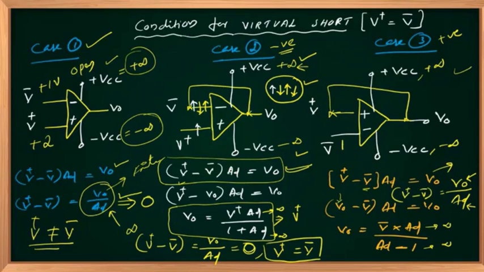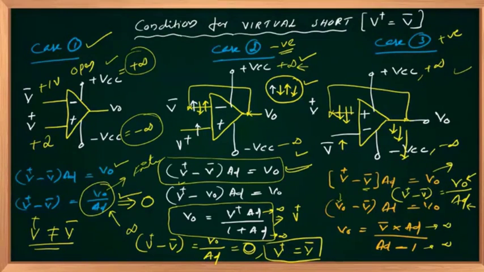Suppose V minus is going up. An increase in the negative input should decrease my output. That is obvious, right? And that decrease is coupled to the positive input. Please listen: output decreases, positive input also decreases. That will decrease my output further, and that further decrease is coupled to the positive input again, so the positive input further decreases, and I have a further decrease in my output.